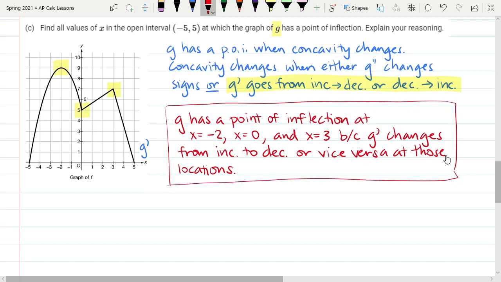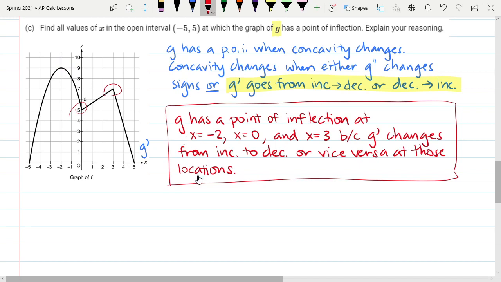Okay, now, before I go on, I have a feeling some of you are a little bit tied up because you're thinking about those corner points or cusps, and you're thinking, wait, how is that a point of inflection if it's not changing concavity? This is the biggest mistake that students will oftentimes run into, is misinterpreting what we're trying to think about. Remember, we are discussing the concavity changing or the point of inflection for g.